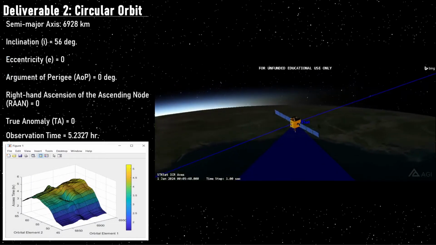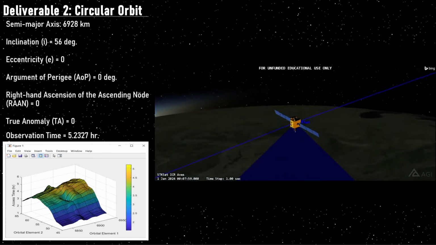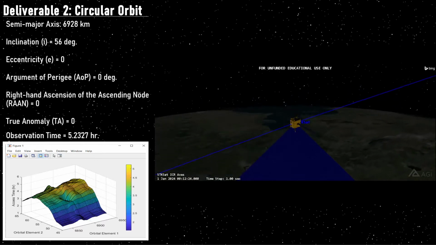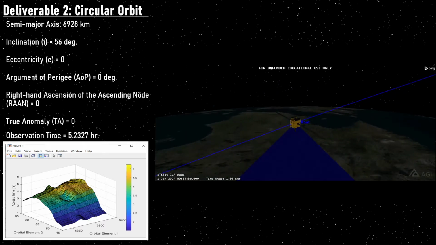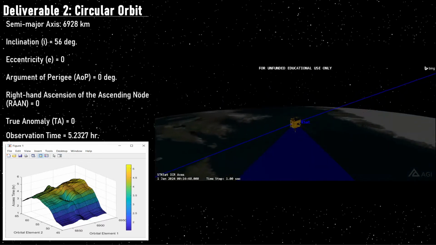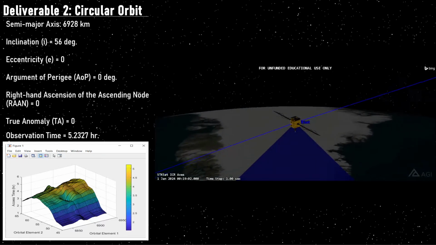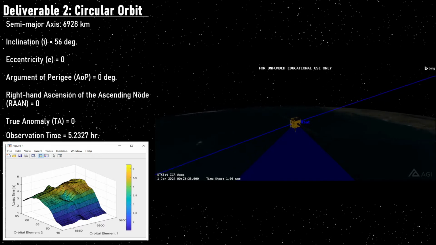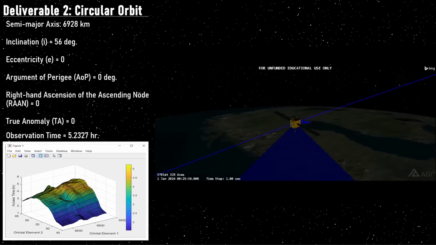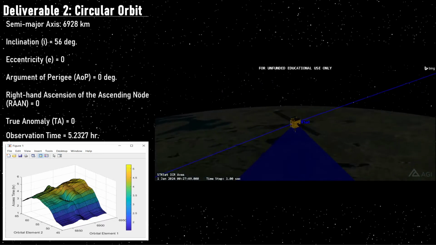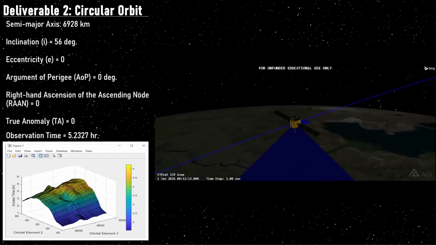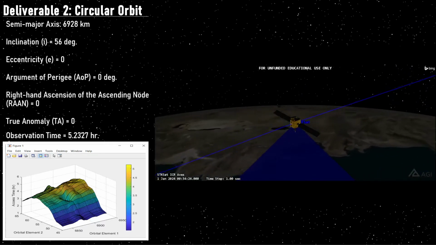For deliverable 2, we are testing a circular orbit for STK-SAT. With the provided MATLAB code, it was determined that the optimal circular orbit was provided by a semi-major axis of 6,928 kilometers with an inclination of 56 degrees at an eccentricity of 0, which provides our circular orbit, an argument of perigee of 0 degrees, RAAN of 0 degrees, and a true anomaly of 0.